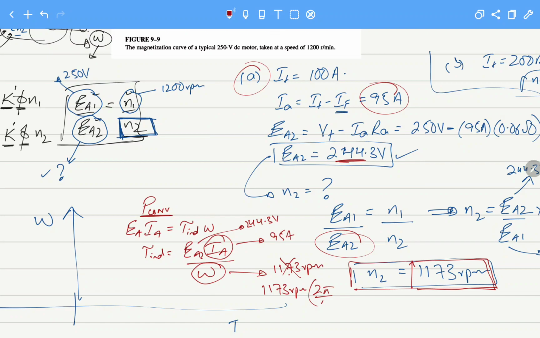We multiply by 2 pi by 60, which converts this value to radians per second. If we put all these values in, the torque induced at this load and speed will be 190 Newton meters. So you need to remember the conversion formula if you have to convert RPM into radians per second.